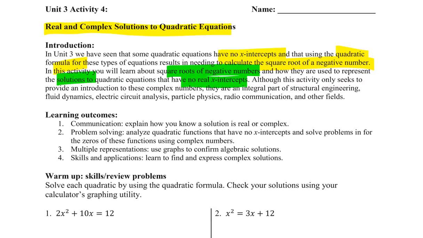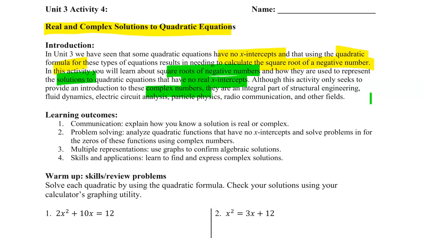Although this activity only seeks to provide an introduction to these complex numbers, they are an integral part of structural engineering, fluid dynamics, electric circuit analysis, particle physics, radio communication, and other fields.